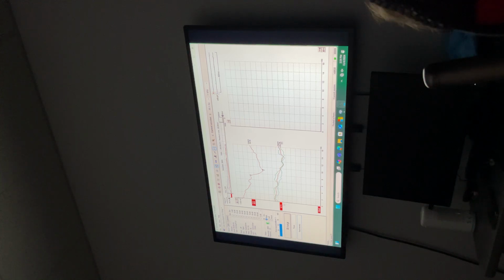What about here? This is too early. How about here? The 10 is like 8.35. Somewhere here.